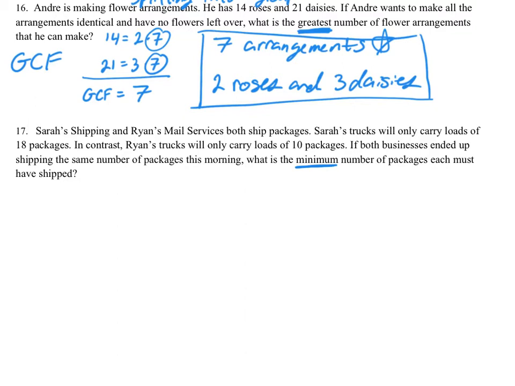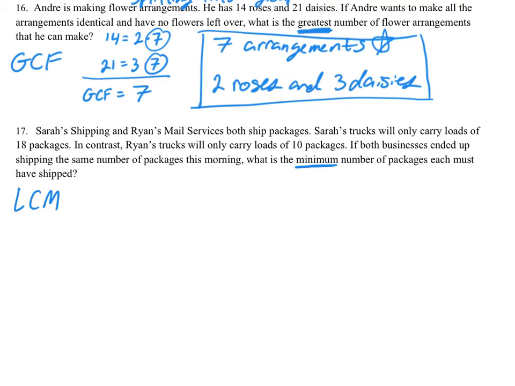Will Sarah ever ship less than 18 packages? She will not. It says she carries loads of 18 packages, which means she's either going to be at 18, or if she does 2 shipments, she'll be larger than 18. So least common multiples are always greater than or equal to. So this is going to be an LCM problem.